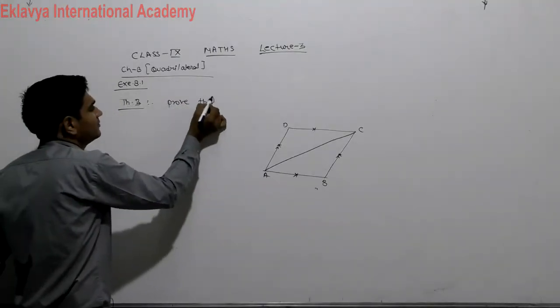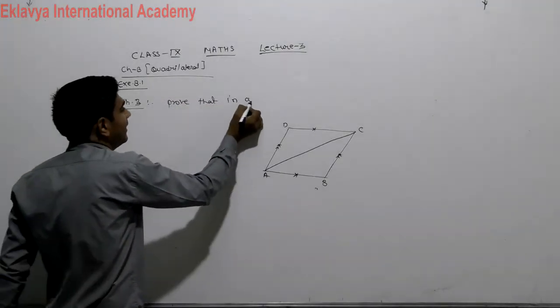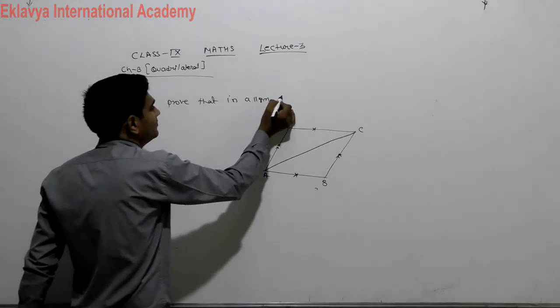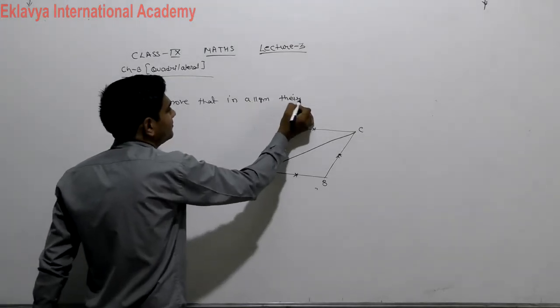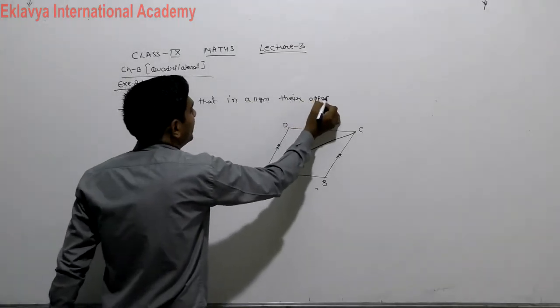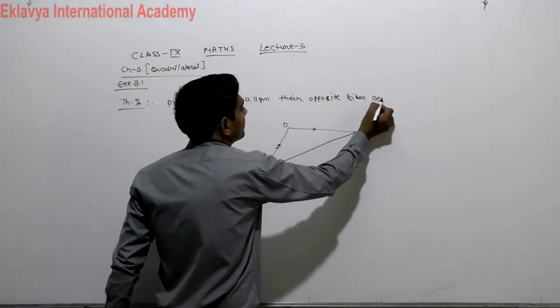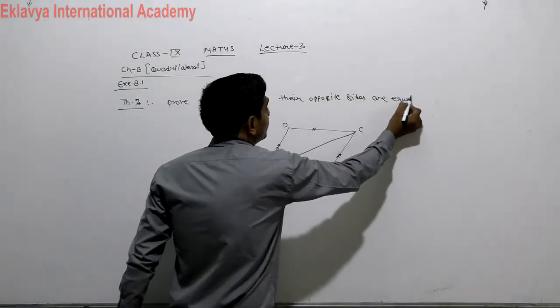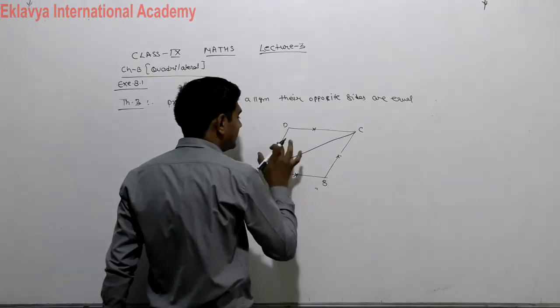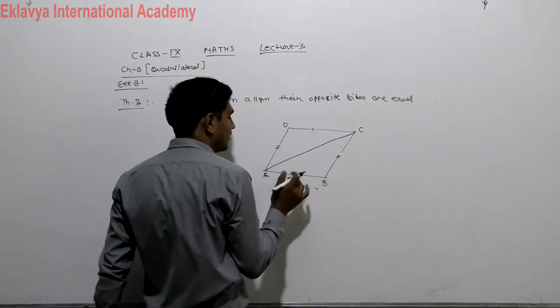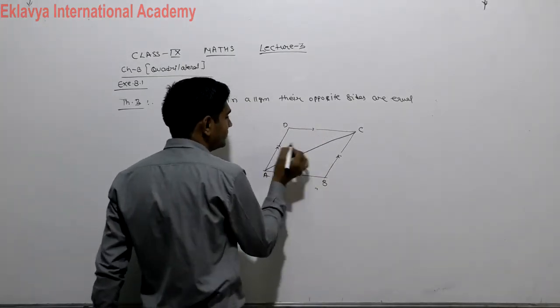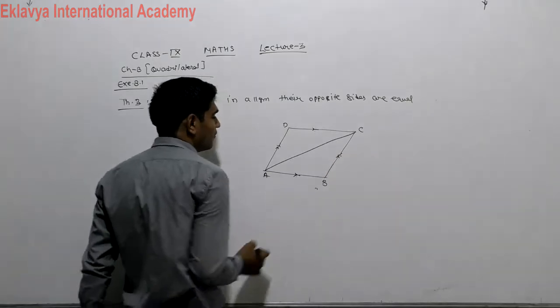In the parallelogram only parallel sides are given to you, not equal. That you have to prove here.